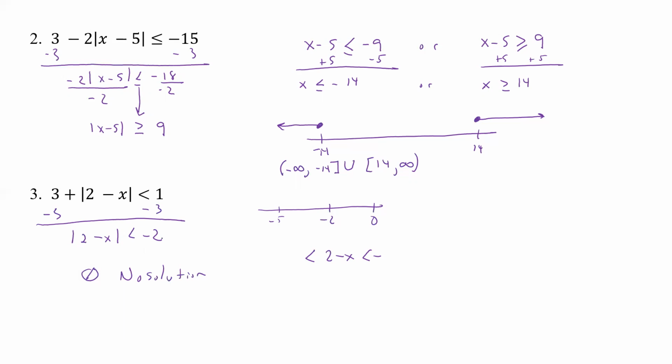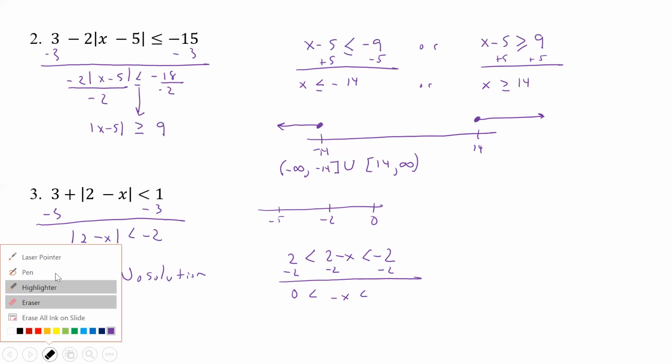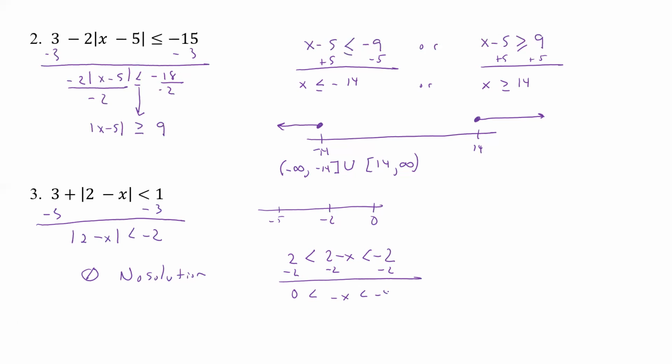So this is going to be 2, and this is going to be negative 2. Now we have to say, okay, let's subtract 2 everywhere. So that's going to be negative 4 less than negative x, less than 0. It's just less than, not equal to, there.